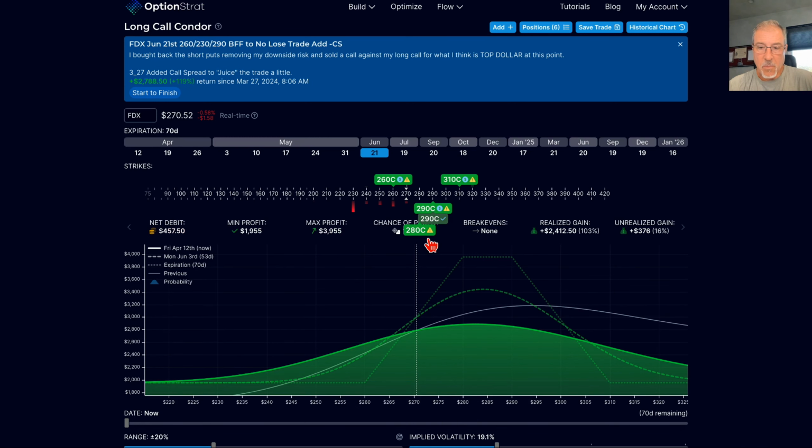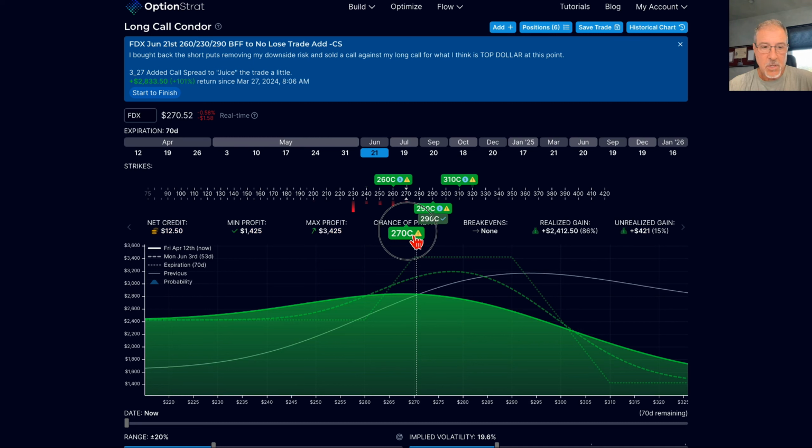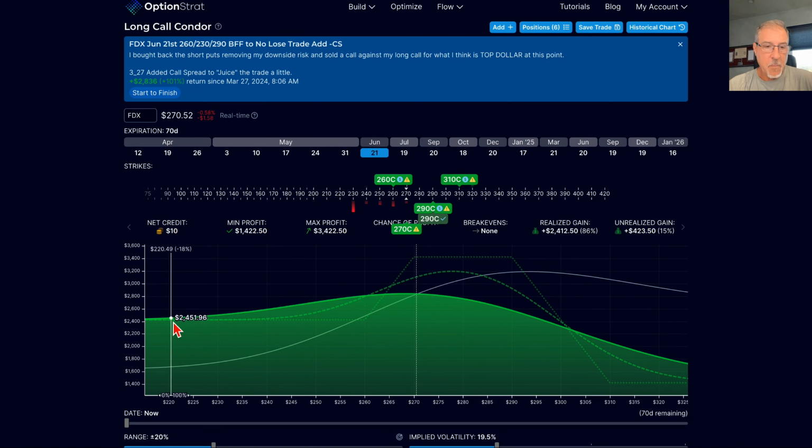Now, I can also move this around a little bit. I said 280. Let's see what 270 looks like even. So 270 is going to make the downside, I'm going to have a maximum of $2,400 in risk to the downside. I have increased my upside risk if we get past this 290 mark. But again, my premise is that I'm probably not going to get past that 290 mark.